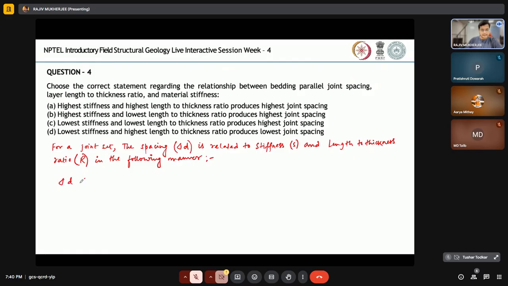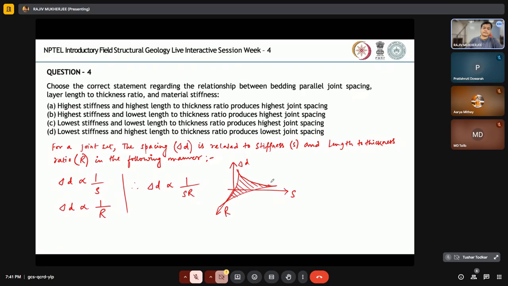So del D is inversely proportional to stiffness and del D is inversely proportional to R. That means del D is inversely proportional to SR. That means if we just plot joint spacing del D in the y-axis, this will generate this kind of curve, right?